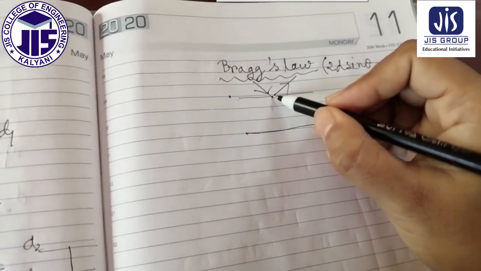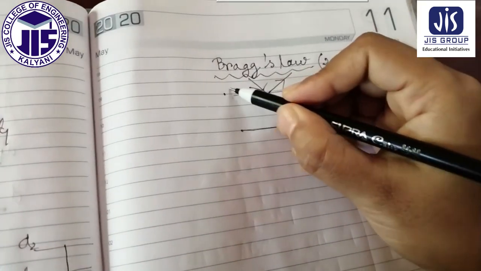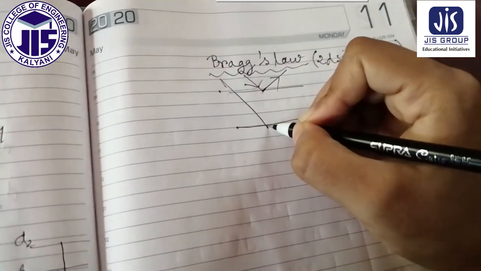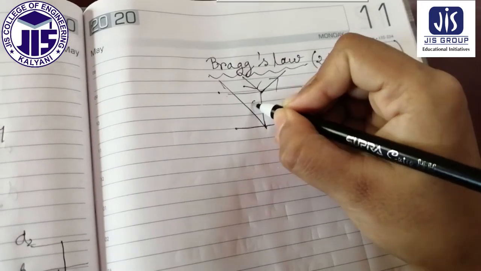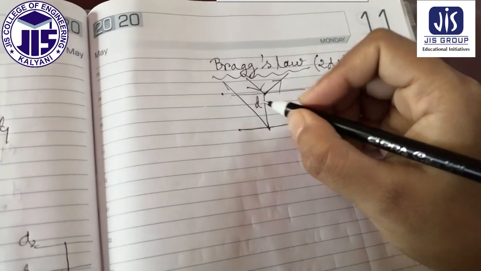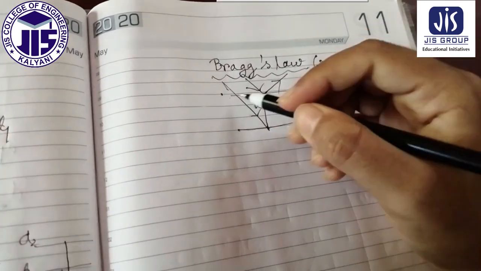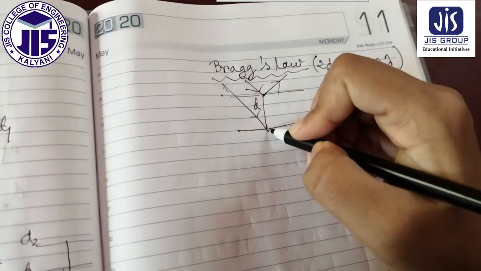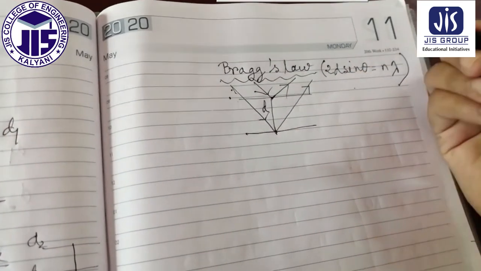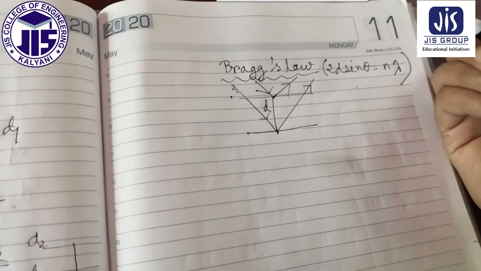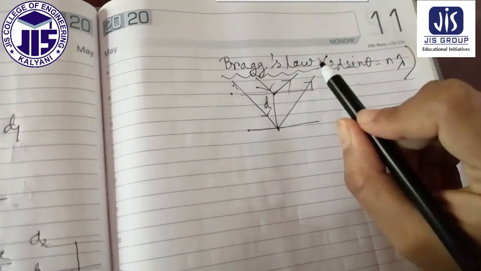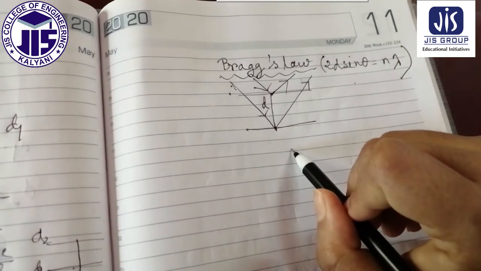Before that, let me tell you about the interplanar spacing. This is d. Now this is the ray incident on an atom and then reflected back. Reflection occurs here. So Bragg derived this equation from this figure.